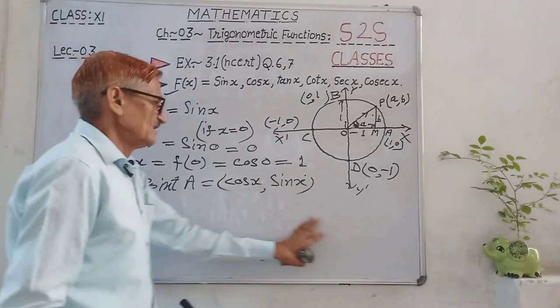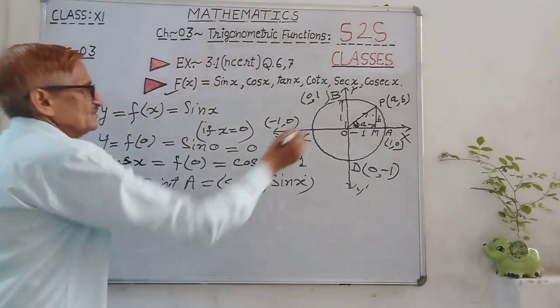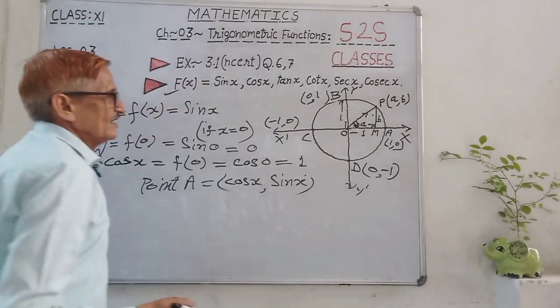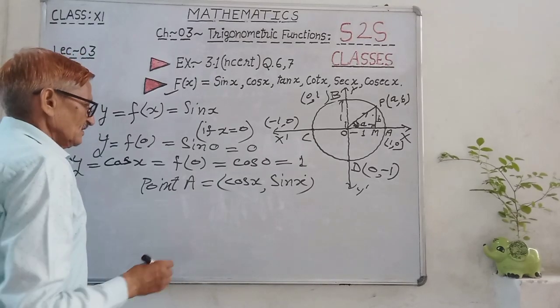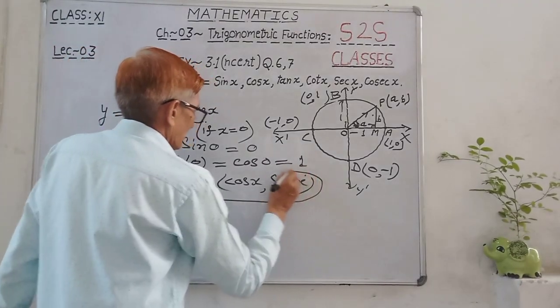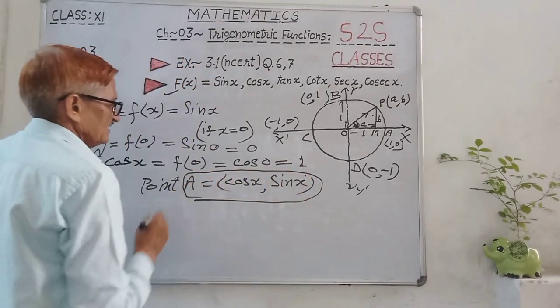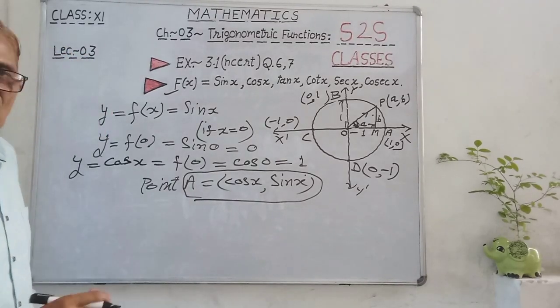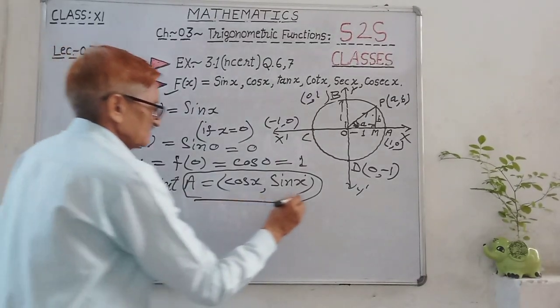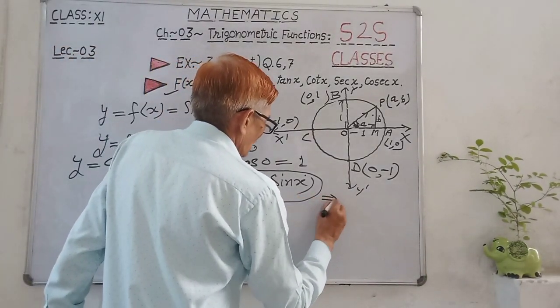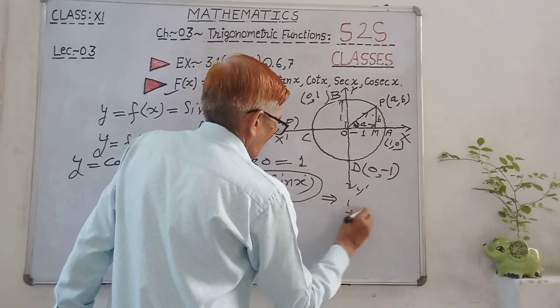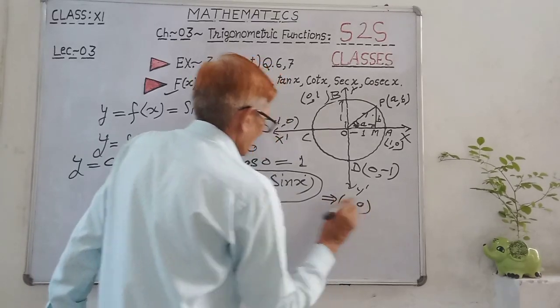So the x coordinate is cos x, the value of cos x. So when we convert into trigonometry, तो इट मीन्स here a comma b, in general if written, you have to check कि point A is this, because this is equal to 1 comma 0.